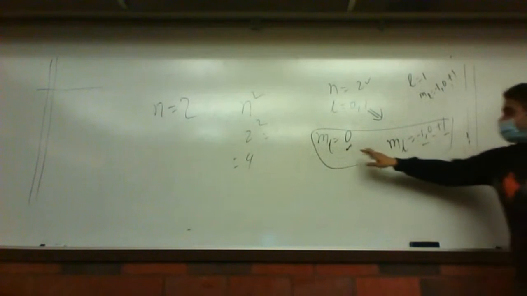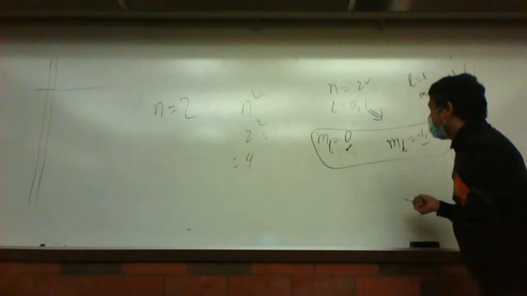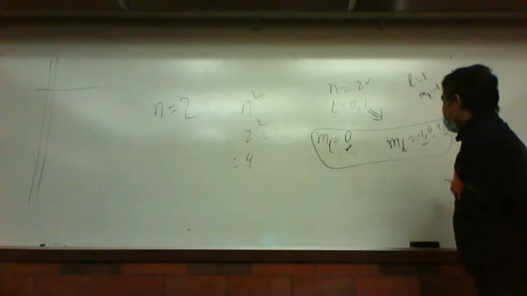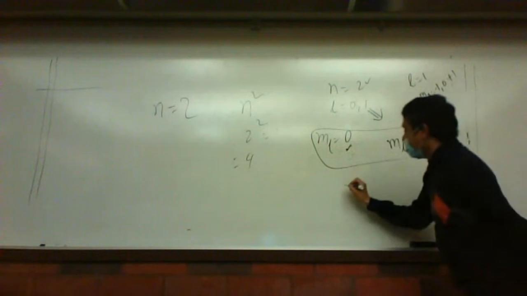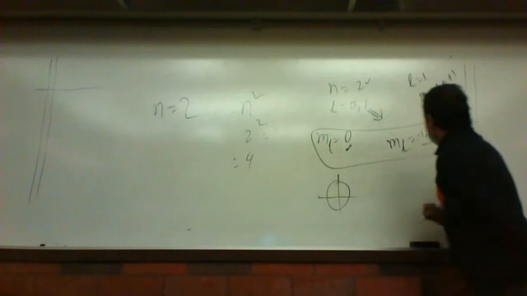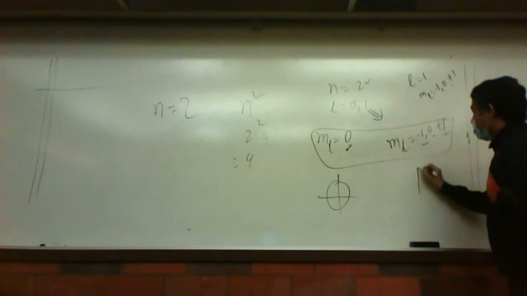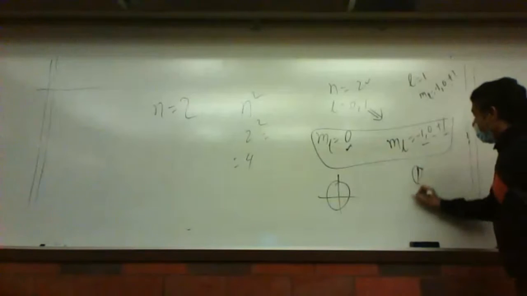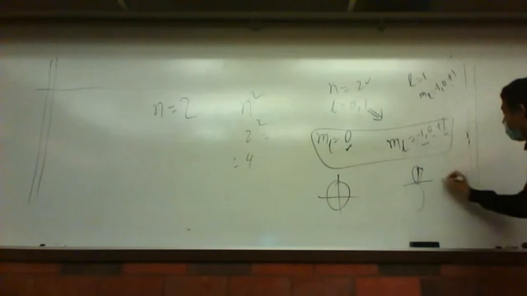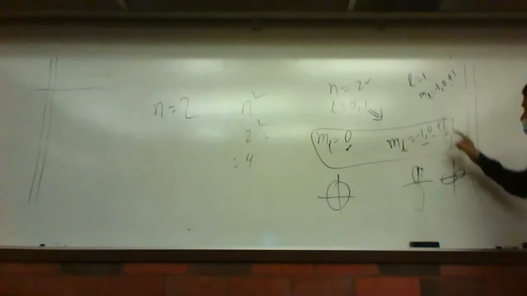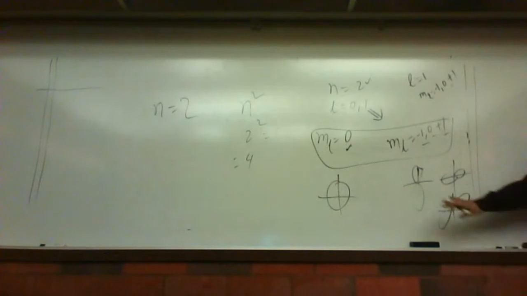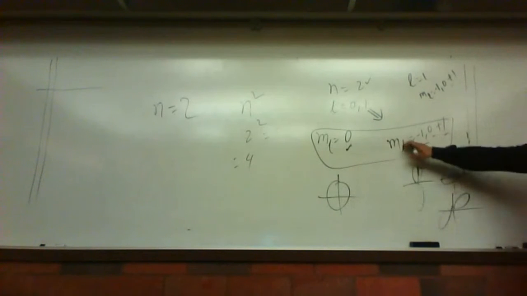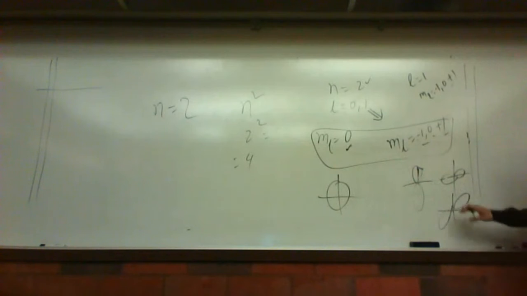So this one, ml equals 0, is an s orbital, and it looks spherical. Maybe this one looks like this, and this looks like this. So only 4 kinds of species exist when n equals 2.